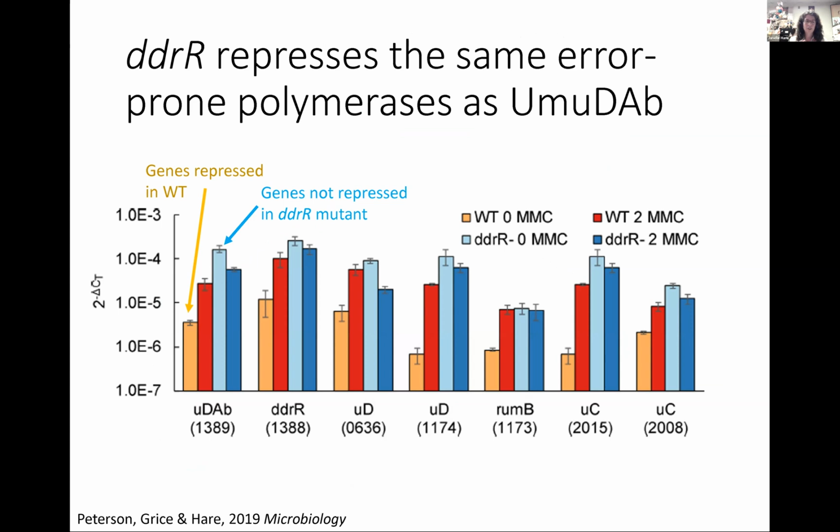Here's the same sort of scenario where the orange and red are all of the wild type responses showing increased expression after DNA damage. And here in blue are the responses of the DdrR mutants. We see completely off the charts high expression of all these genes if you mutate DdrR. So it too is required for repression.